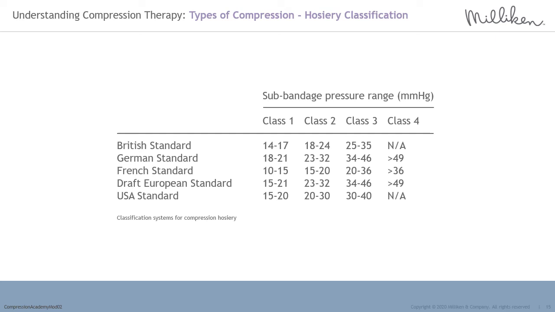Compression hosiery is generally available in classes 1 to 3, and in class 4 within the German and French standards. Hosiery is prescribed for patients for the treatment of several conditions, including varicose veins, management of edema, and for venous leg ulcer prevention of recurrence. There is no global or European consensus or standard, and different classification systems exist in terms of the thresholds applied to the classes.